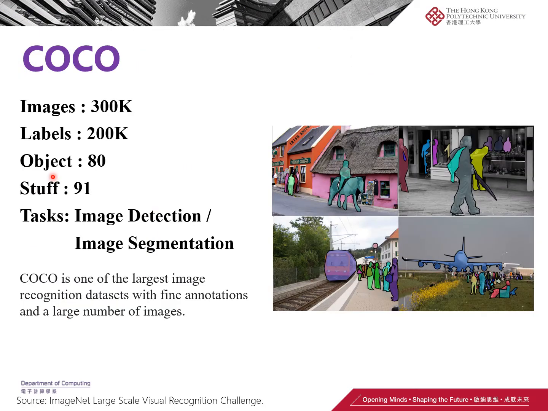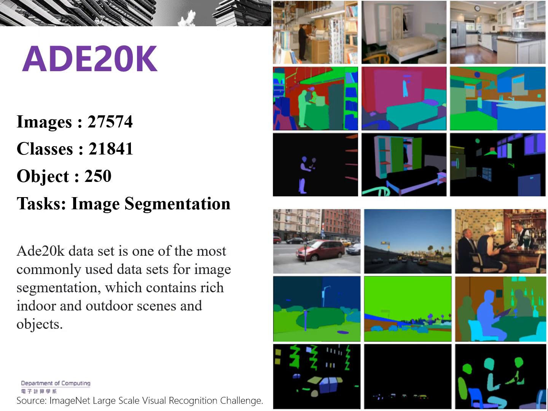In addition, there is COCO. COCO is another dataset which you can use for object detection or image segmentation. We will introduce what they are later. There are more images there, as you can see, and we also have ADE20K, another dataset with different types of images in different scenarios, but also for image segmentation.